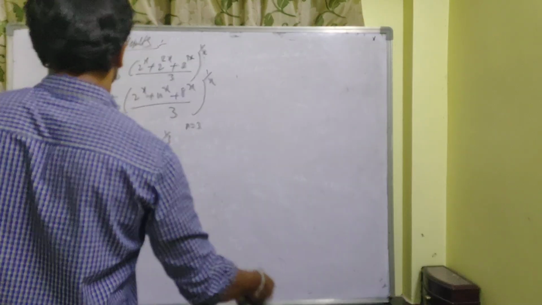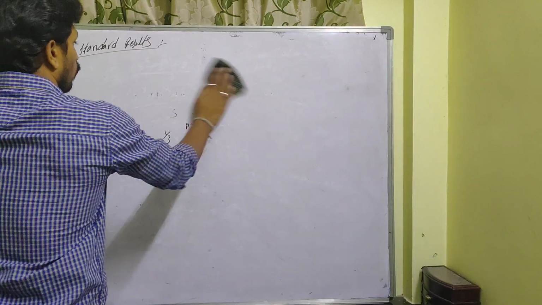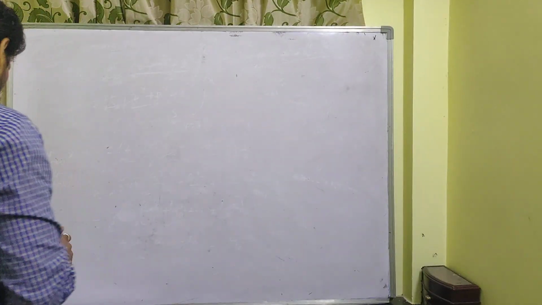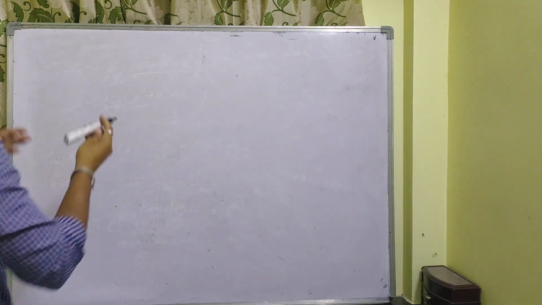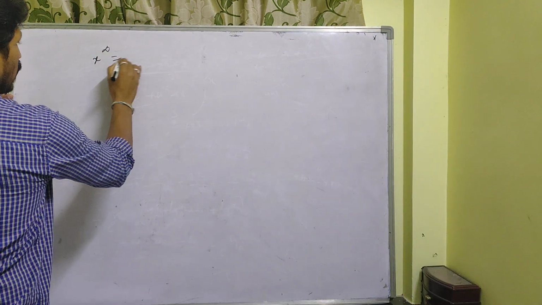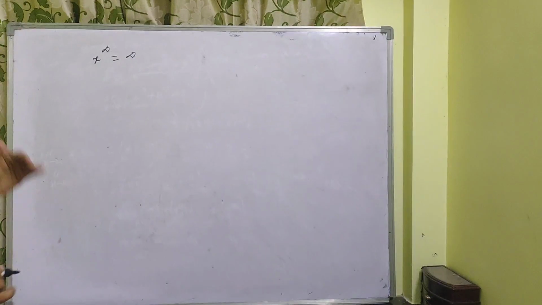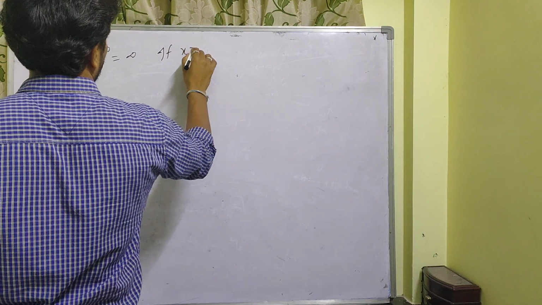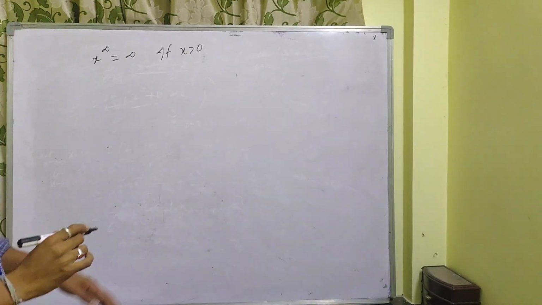Next, standard method, standard formula. Before going to that one, you see here, x power infinite is equal to infinite if x is greater than 1. That is an improper fraction.